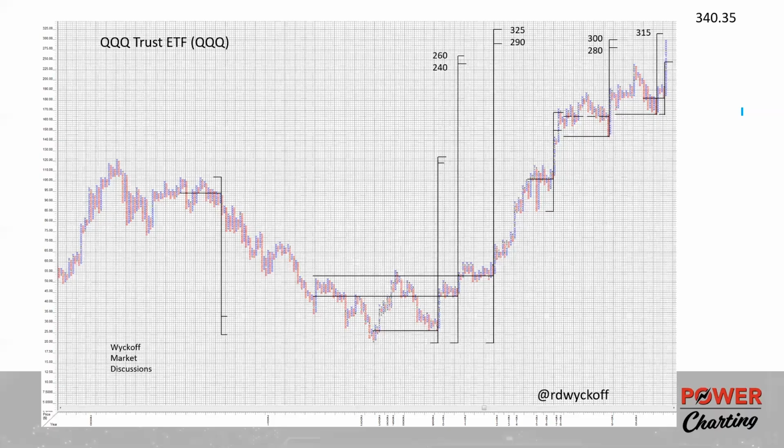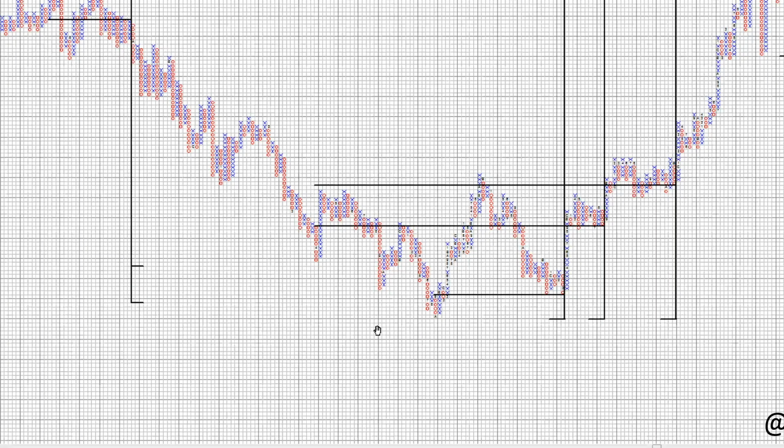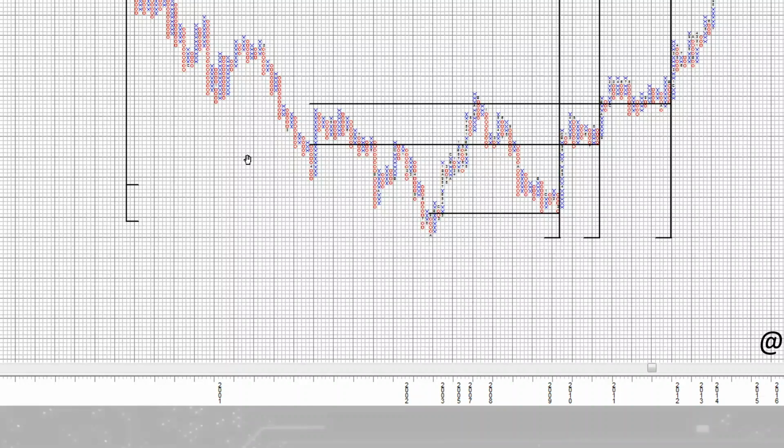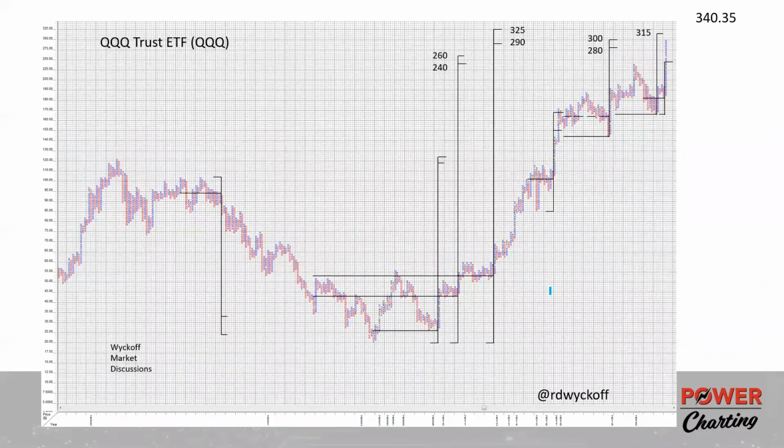Okay, and so finally, we're looking at the Qs. And here is a huge accumulation structure that goes all the way back to 2001. You can see here 2001 to 2011, that's a 10-year accumulation. Amazing.